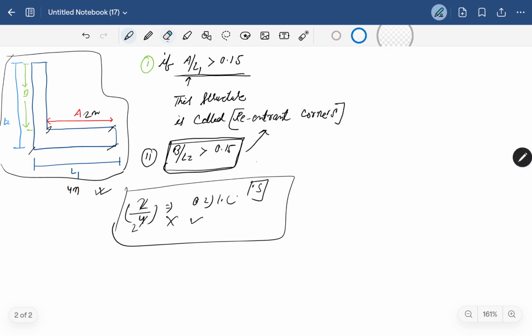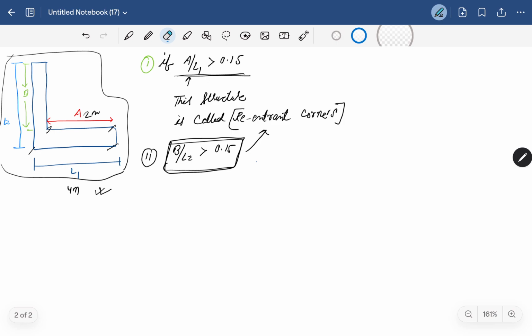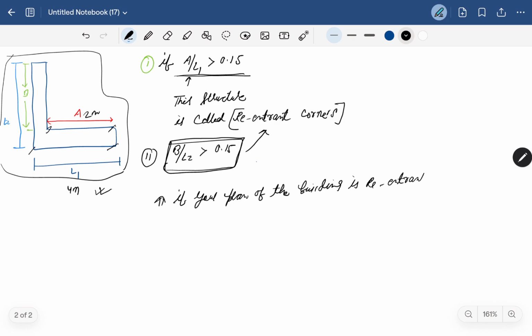Let us see. If your plan of the building has reentrant corners, then what will you have to adopt in that case?